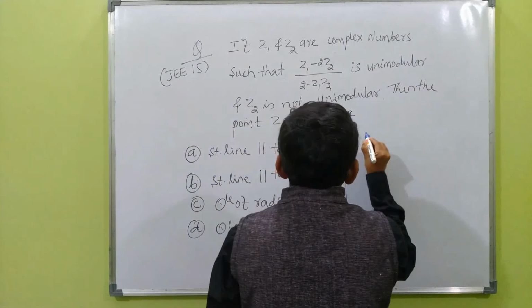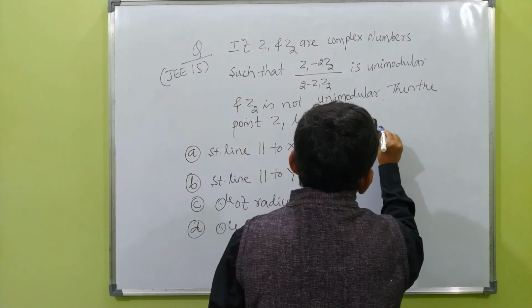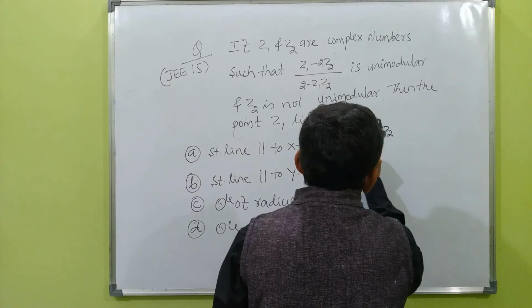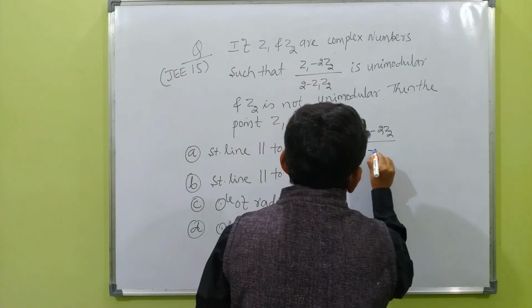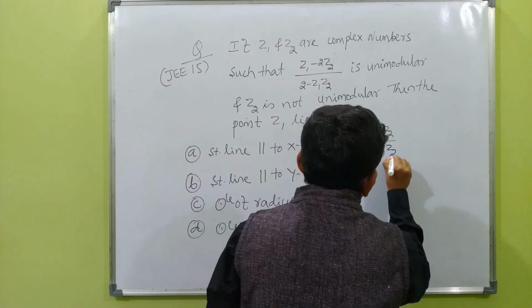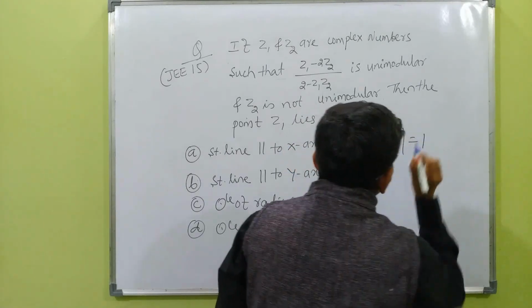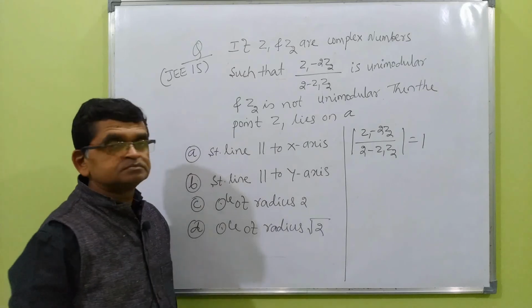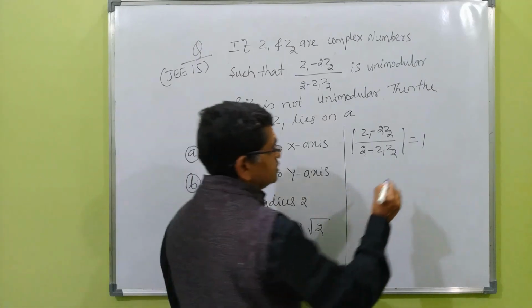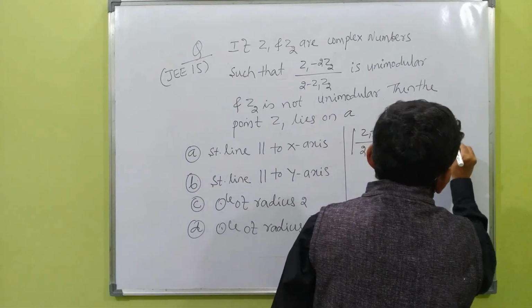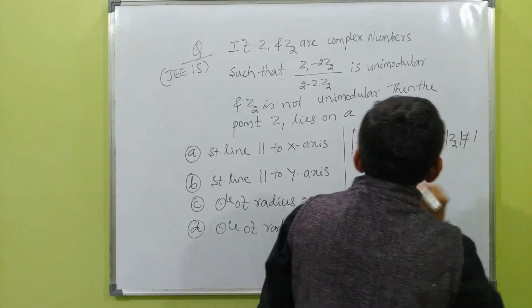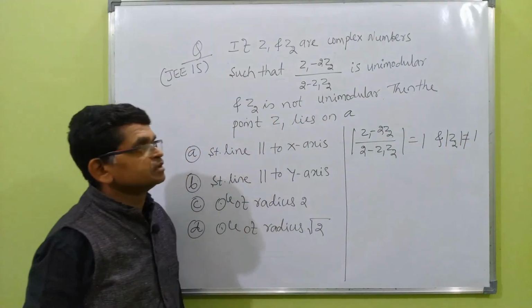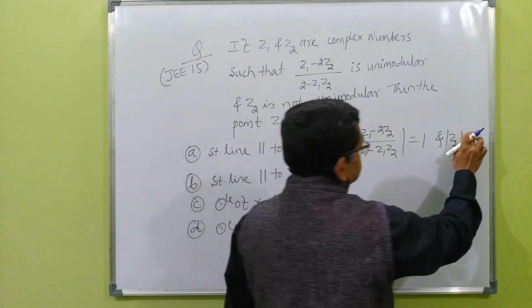That is, the modulus of z1 minus 2 times z2 divided by 2 minus z1 z2 is equal to 1, and modulus of z2 is not equal to 1.